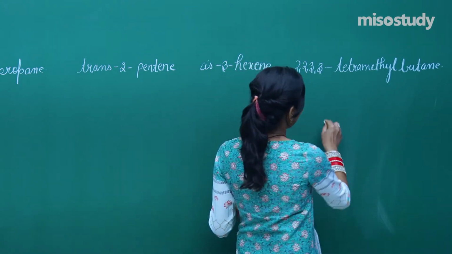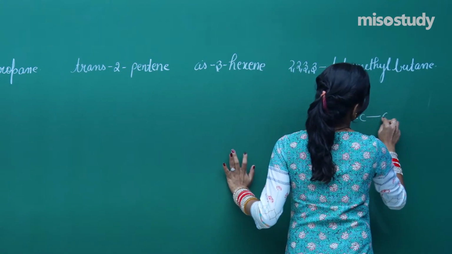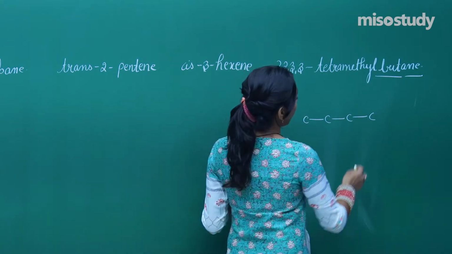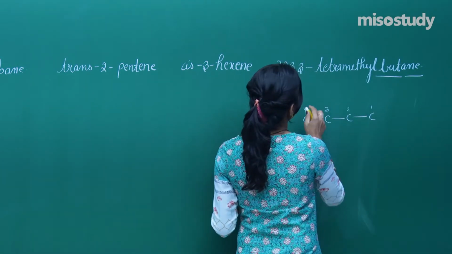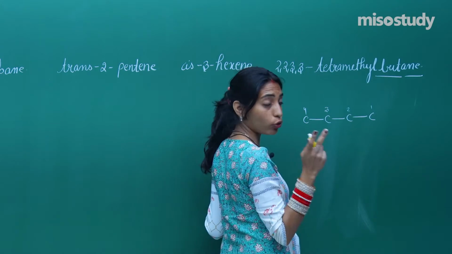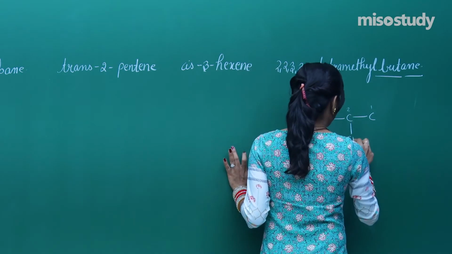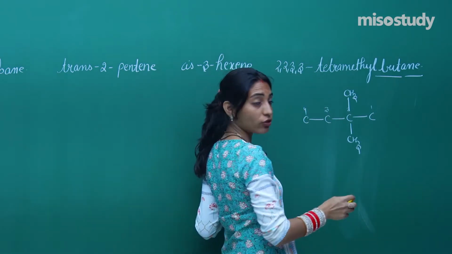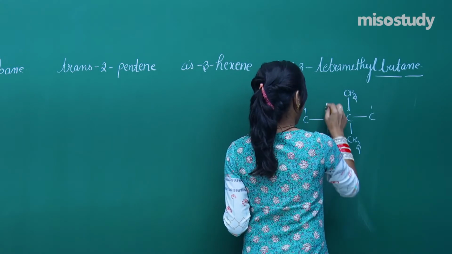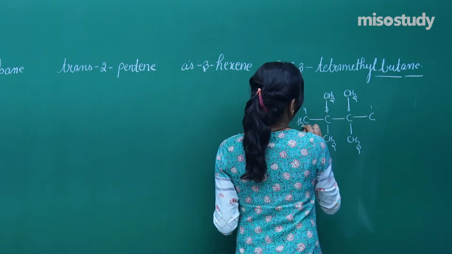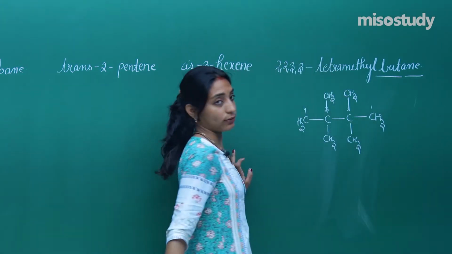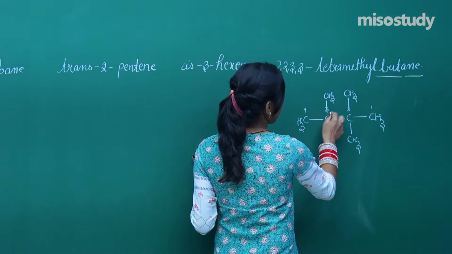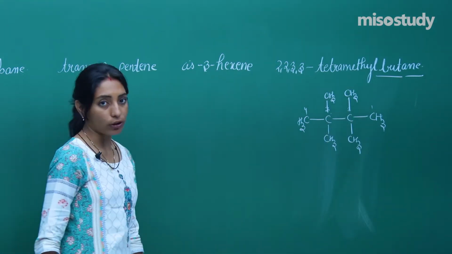Butane is C, C, C, C, 4 carbon atoms, but all are single bonds. And then if I give the numbers 1, 2, 3, 4, then it says at the 2 and 2 position 2 methyls are there, and at the 3 and 3 position again 2 methyls are there. And now you can keep CH3, you can keep CH3, okay. If you talk about dipole moment, we'll talk about dipole moment later on. Let's first draw the picture.